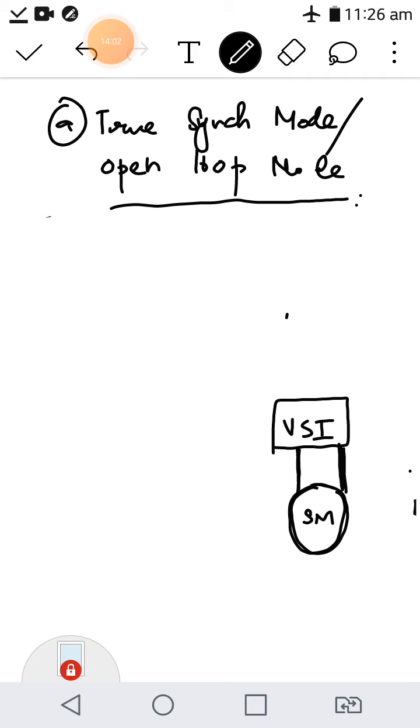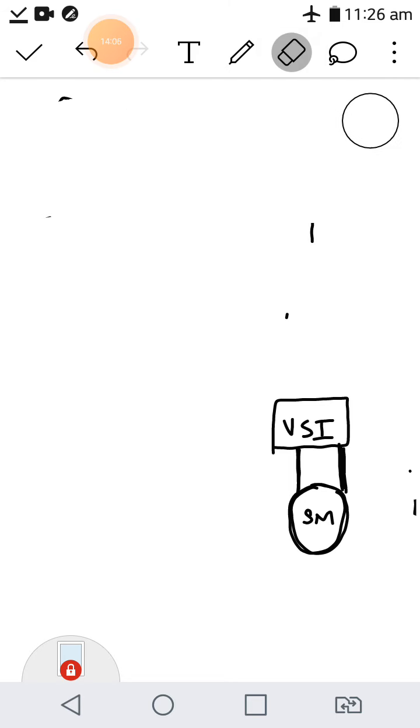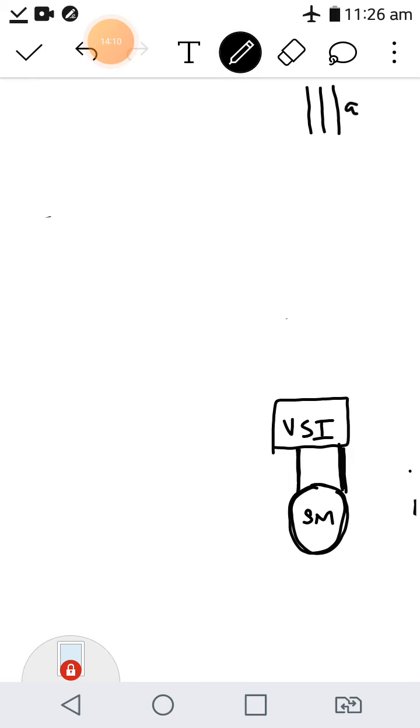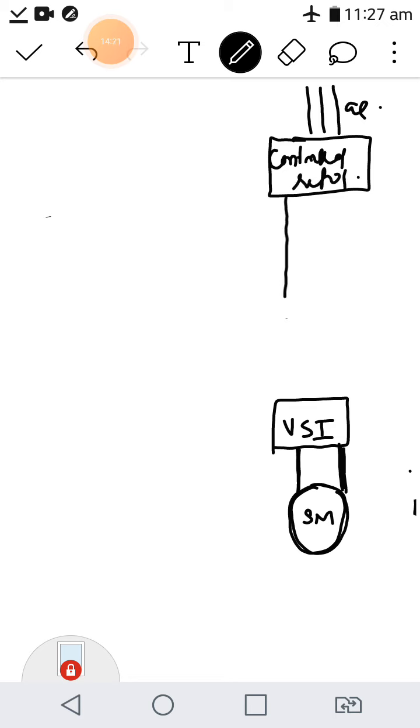So assume that our available source was AC. So this is three-phase AC. Using a controlled rectifier, we will be converting into DC. The controlled rectifier output is given to the VSI using an inductive capacitor filter.